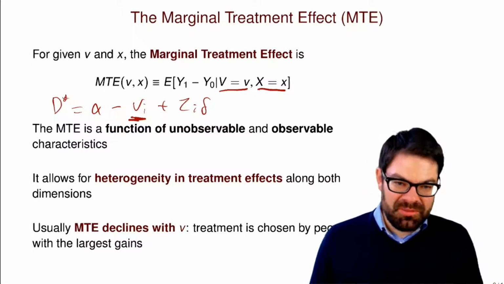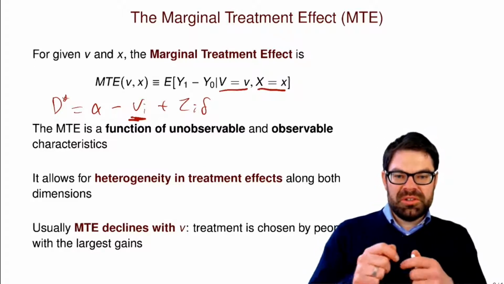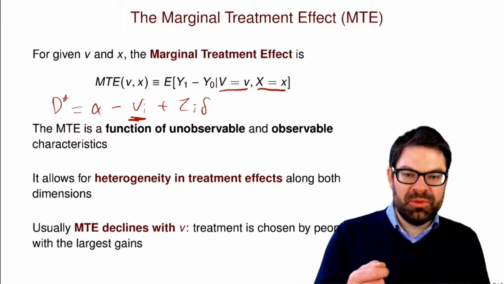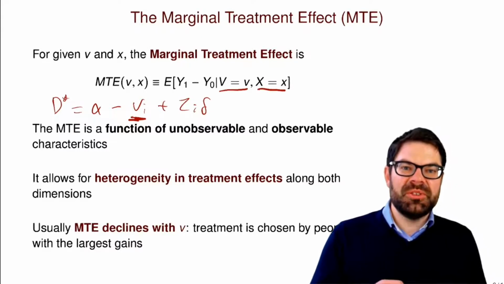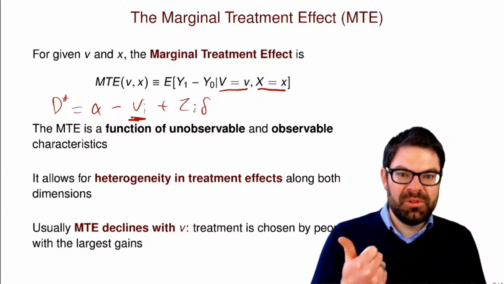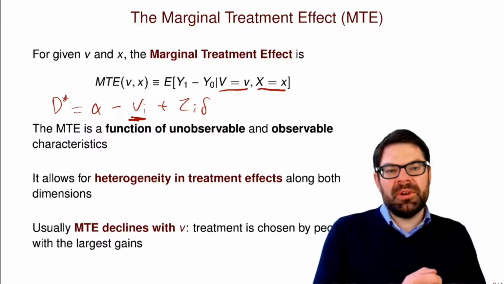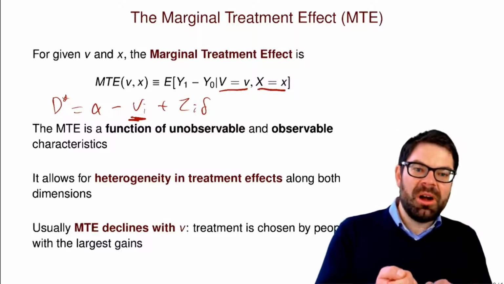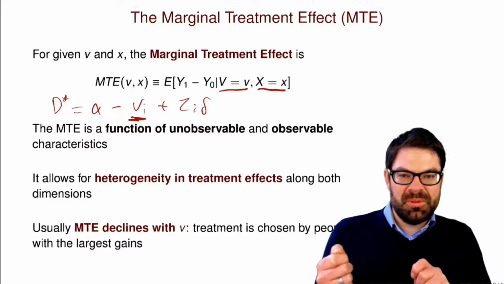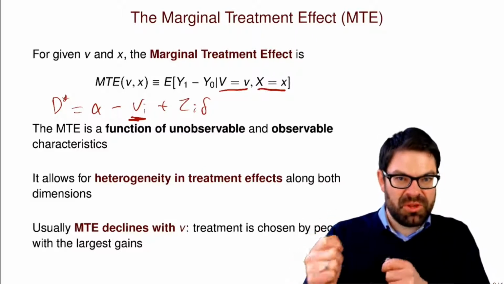Another way of seeing this is that the marginal treatment effect gives you the treatment effect of people who are just indifferent between taking the treatment and not, at a given level of cost. Some people require a higher reward or lower costs, and so obviously their marginal treatment effect is different from those people who take the treatment even if the cost is very high.